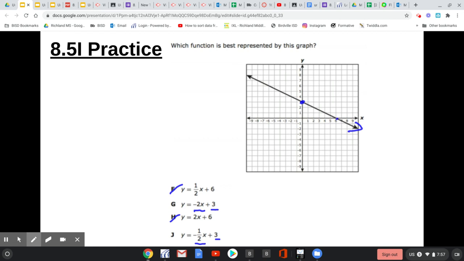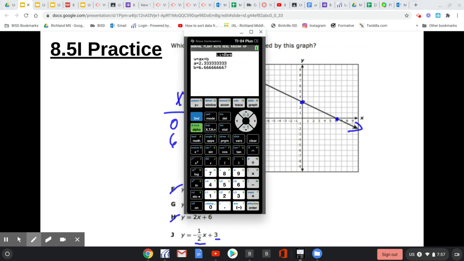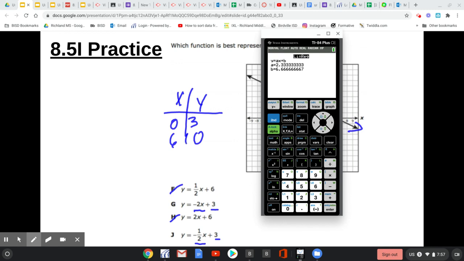So I'm going to pick this point here. And now I have 2 perfect points that I could use in stat edit. I have 0 and 3. And I have 6 and 0. Let's put that in the calculator and see what happens. So I'm going to hit stat, enter, and I'm going to put in 0, enter, 3, enter.